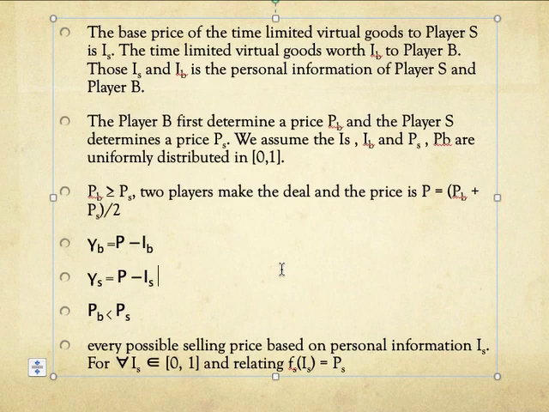The payoff of player B is IB minus P, and the payoff of player S is P minus IS. If PS is larger than PB, the deal fails. For every possible selling price based on the personal information IS, relating to PS, we use the equation PS(IS).